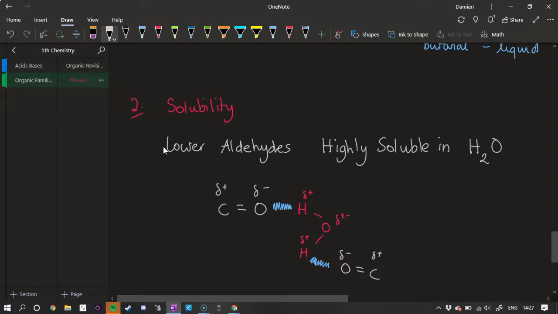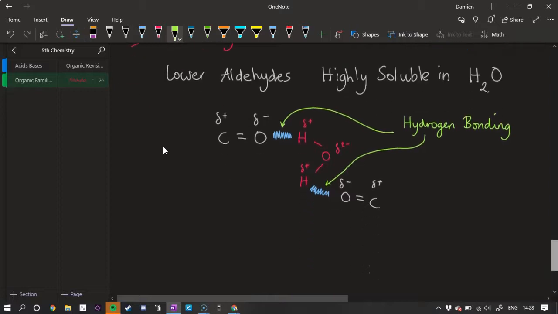In these particular circumstances, this here is what's called hydrogen bonding. Now don't worry too much about that, we haven't gone through that in much detail. So hydrogen bonding exists there, and it exists there, between the water molecule and the carbonyl groups. And it's this hydrogen bonding that causes aldehydes to be very soluble in water.